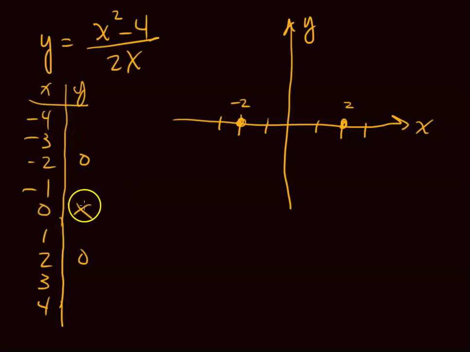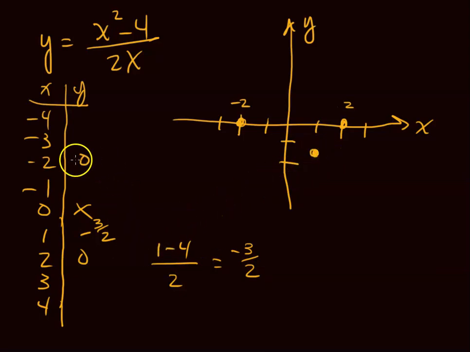So if I plug in a 1, I get 1 minus 4 over 2, which is a negative 3 over 2. So 1 is a negative 3 halves. If I plug in a negative 1, it's still 1 minus 4, but now it's over a negative 2. So these negatives cancel, and it's a positive 3 halves.